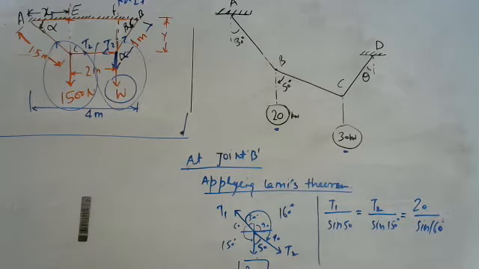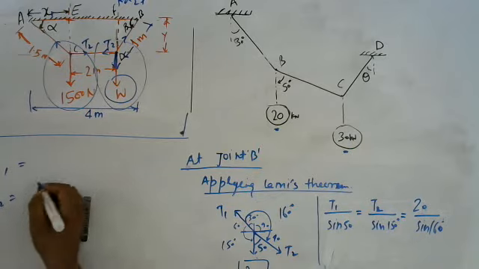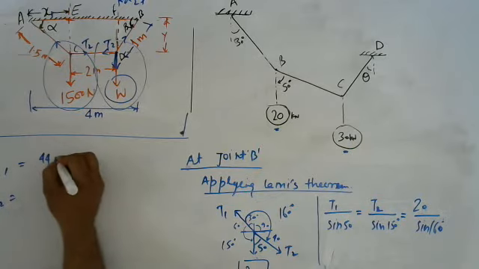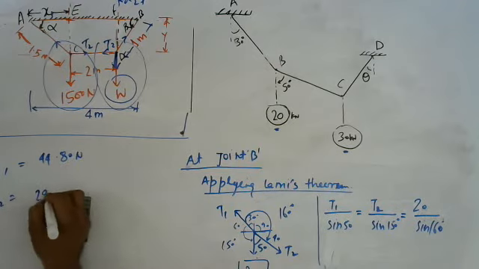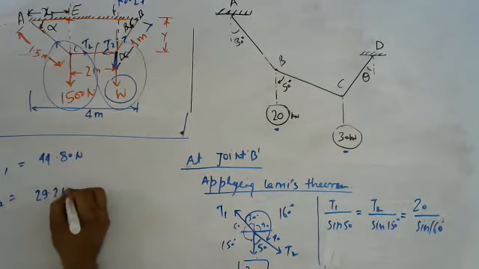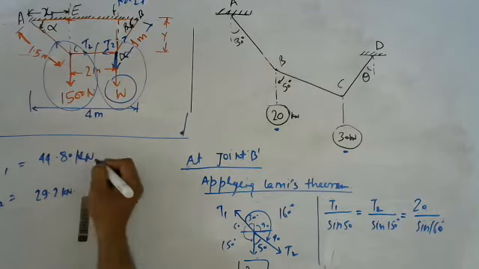From here I can calculate T1 and T2. The value of T1 is 44.80 and the value of T2 is 29.2 kilonewton. All the forces are in kilonewton.